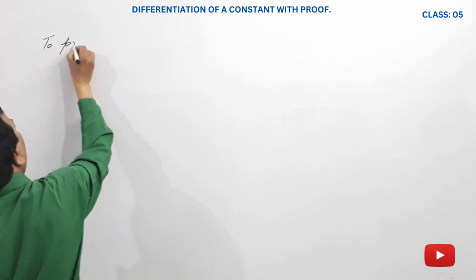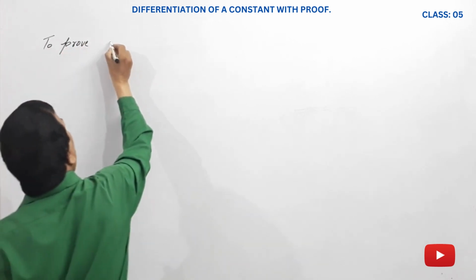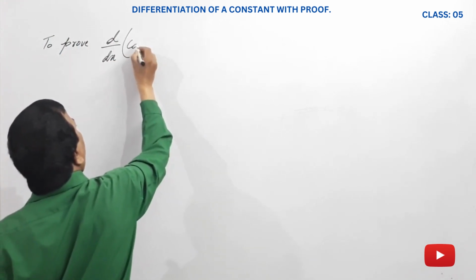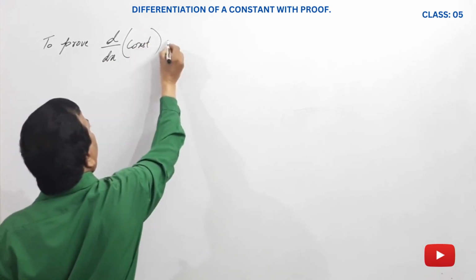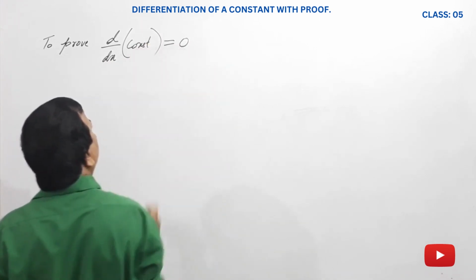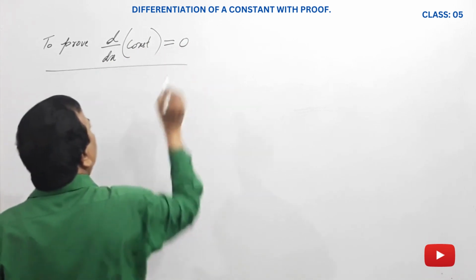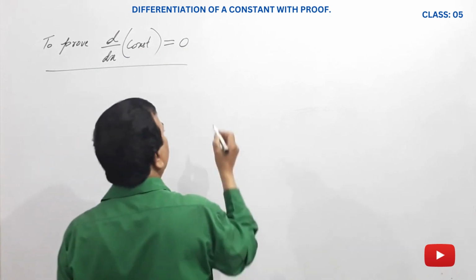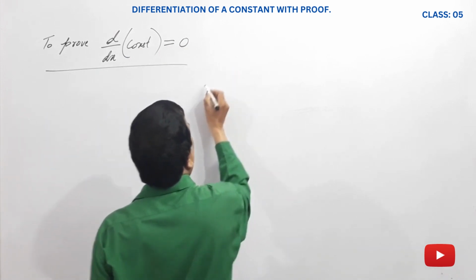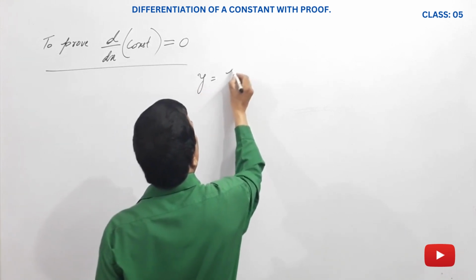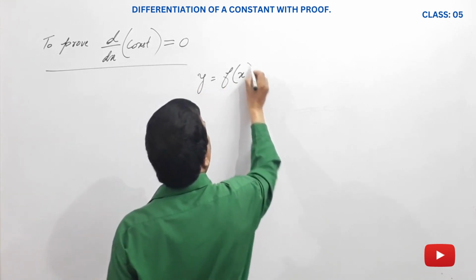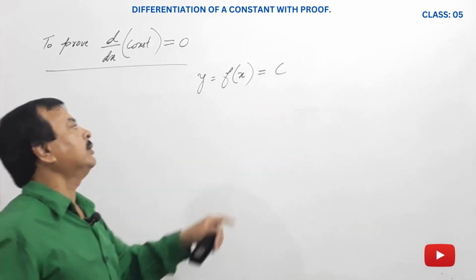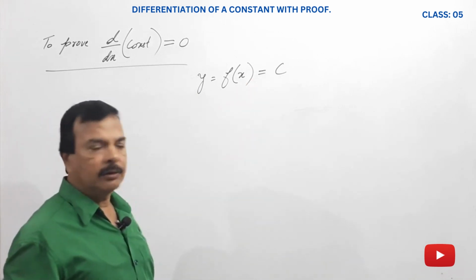To prove d by dx of a constant equals 0, let us consider a function y equals f of x, which is equal to c.